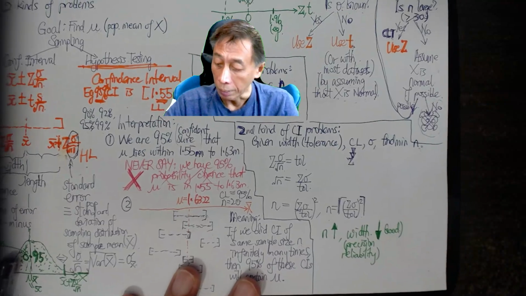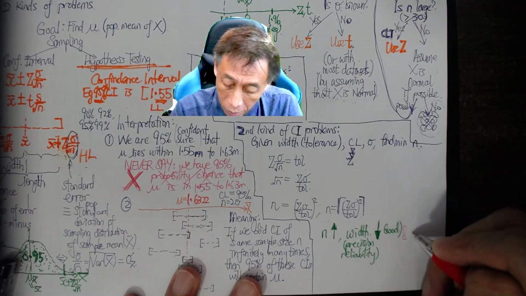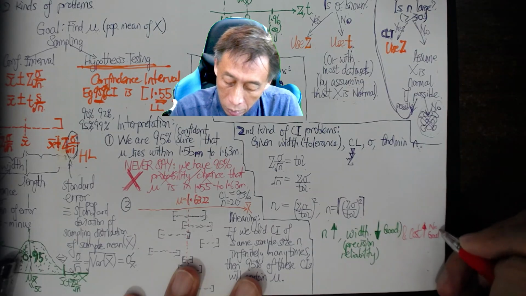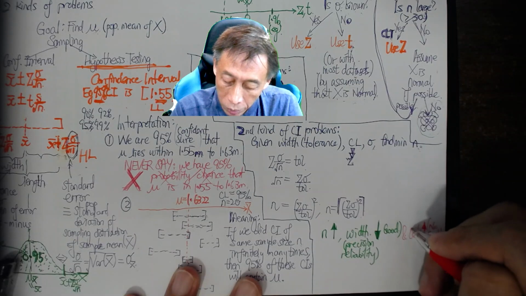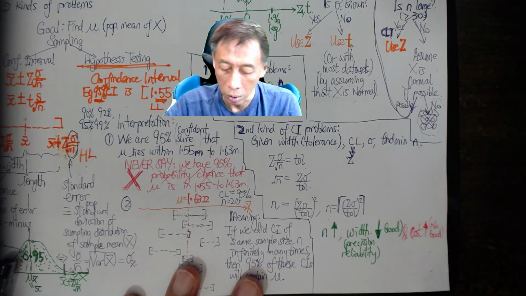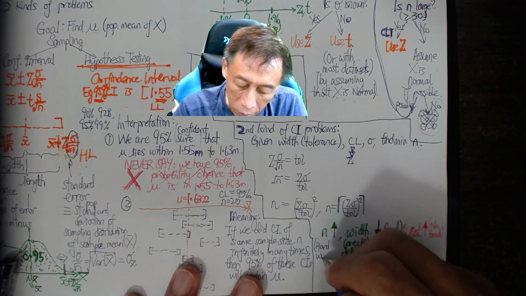But no good comes free: cost increases. Okay, so just to note, think of n as hard work. n is actually hard work.